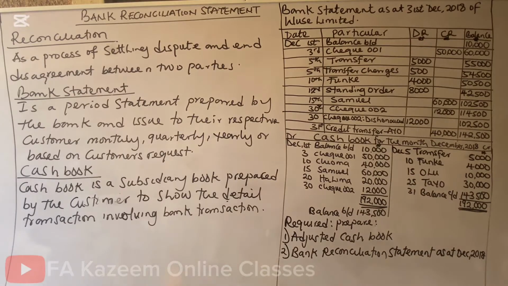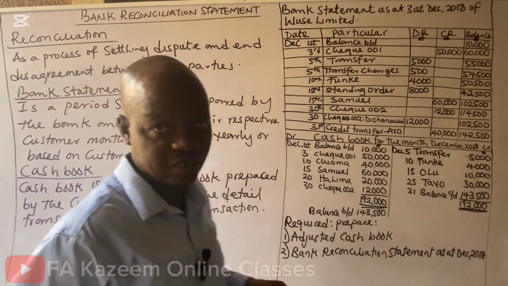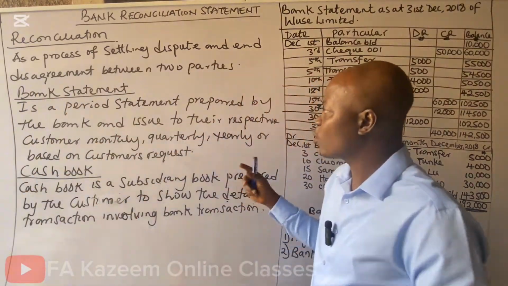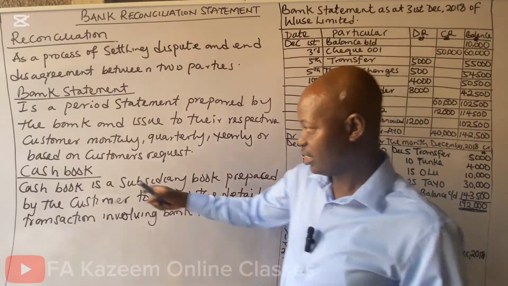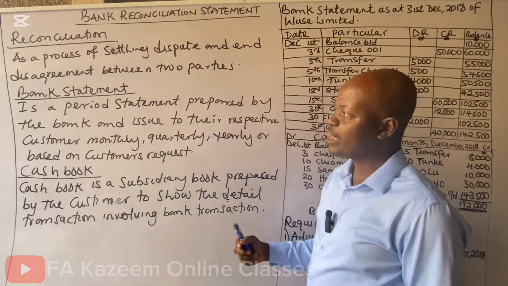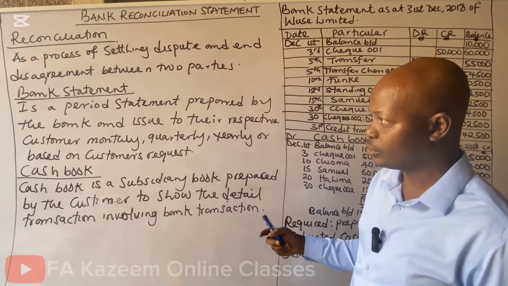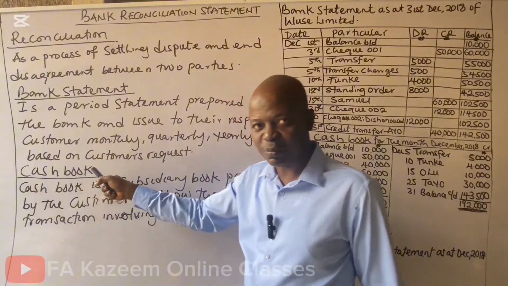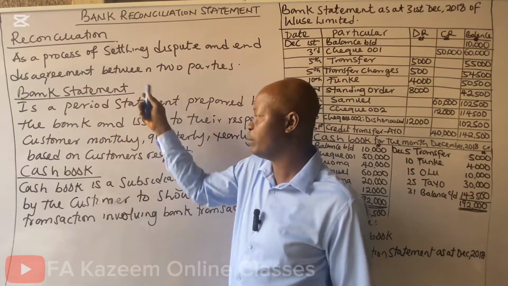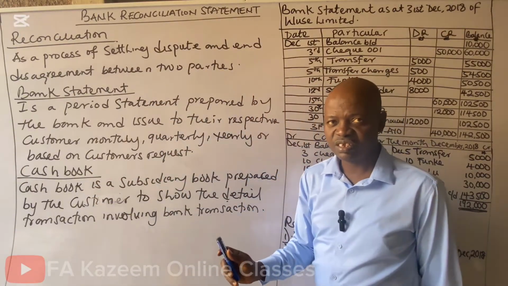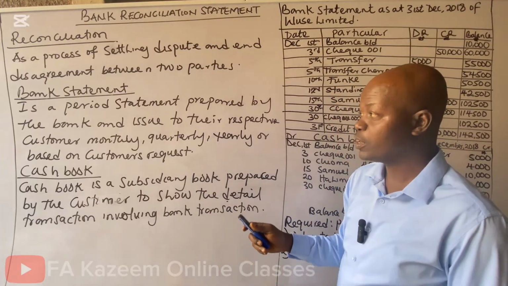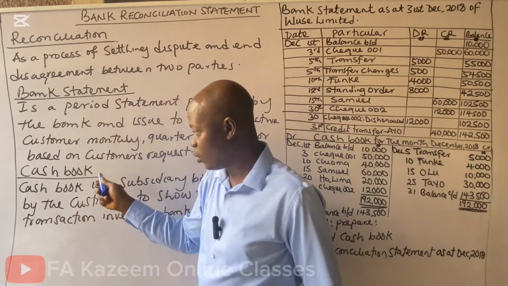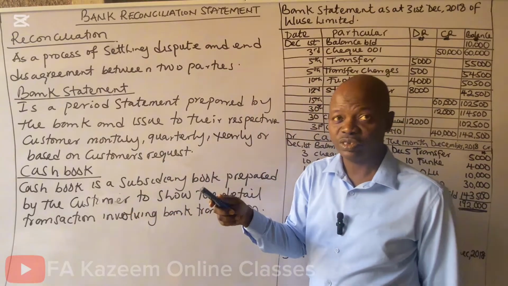Now, what we are expecting is that if the bank records the same transaction on the bank statement and the customer also records the same bank transaction in the cash book, at the end of the accounting period, both the bank statement and the cash book of the same customer are to produce the same balance. But it is not the case all the time, because either the bank or the customer can make an omission.